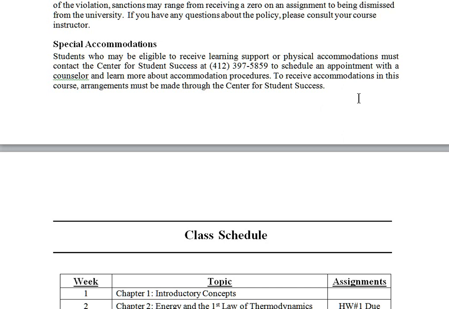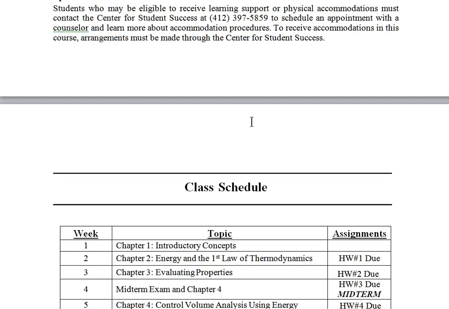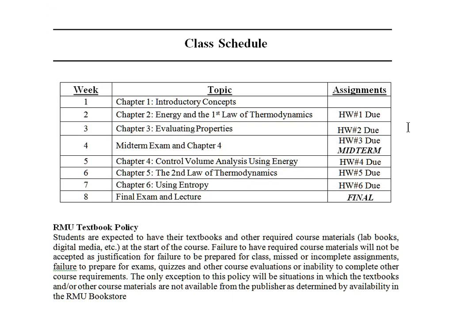I would suggest that, just in general, the Center for Student Success is a great resource. They have tutors down there that have had thermodynamics before and know the subject very well. So I would suggest going to the Center for Student Success, becoming familiar with it, and you can set up some times to do some study sessions with the tutors down there.